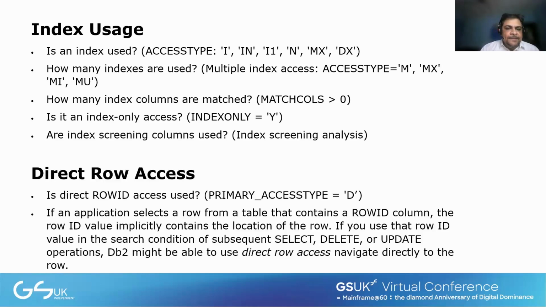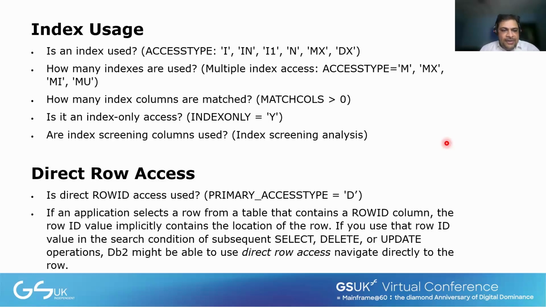There is something called direct row access. You might know that there is a row ID attached to the rows of the data pages. If an application selects a row from a table which contains a row ID column, the row ID value basically contains the location of the exact row which you want.